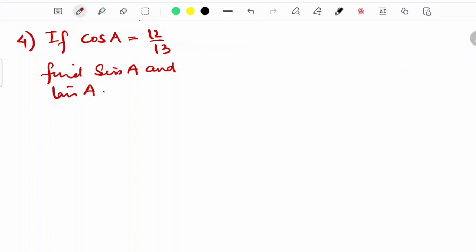Now the fourth question we have is, if cos A is given as 12 by 13, find sin A and tan A. So first I'll draw the figure of a right angle triangle. This is my right angle triangle.